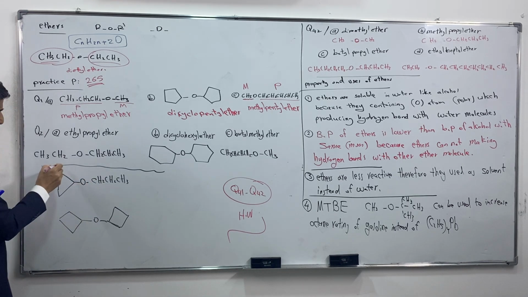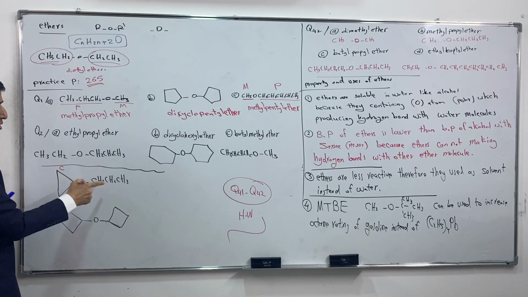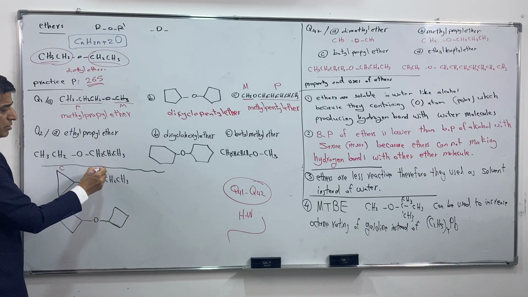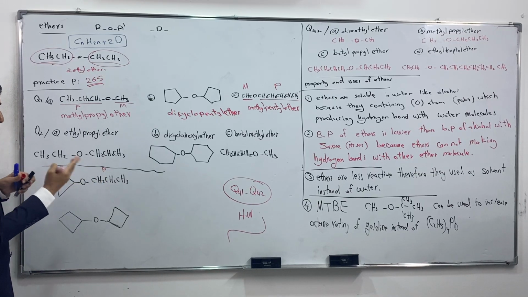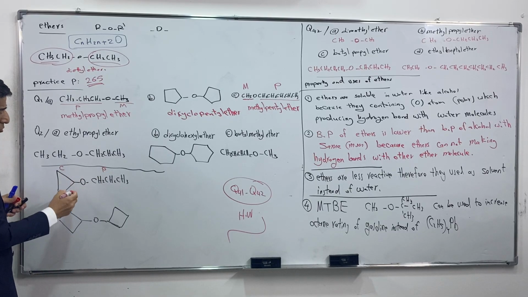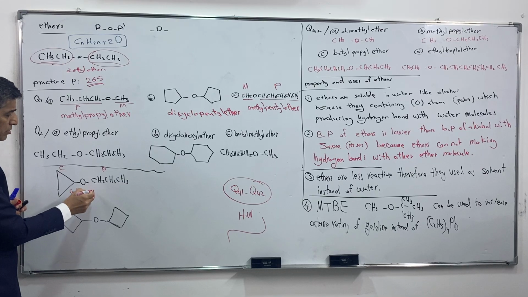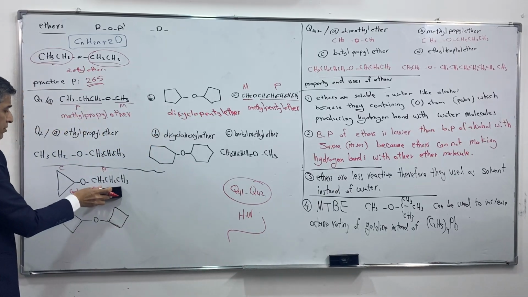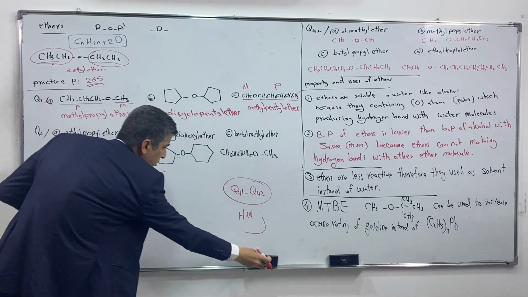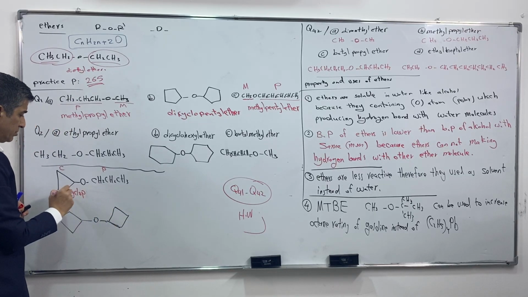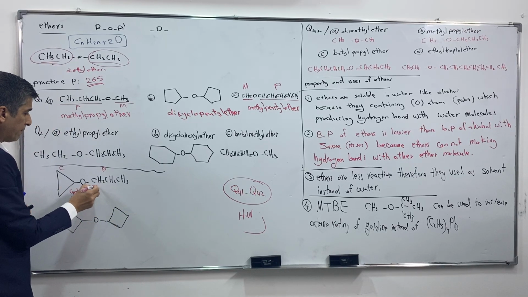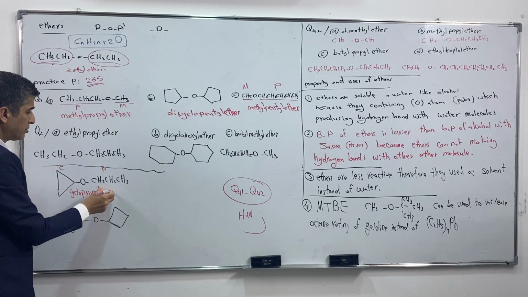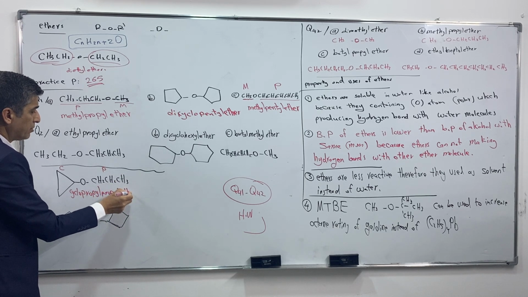On this side we have cyclopropyl, C letter, and here we have propyl, P. C begins before the P, so the name for this compound will be cyclopropyl propyl ether.